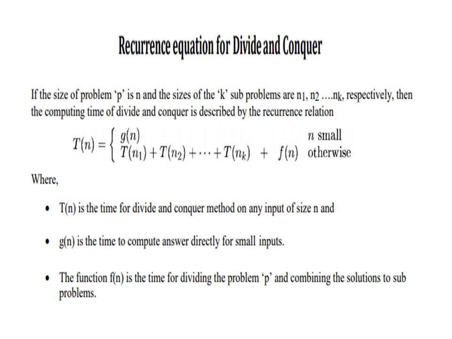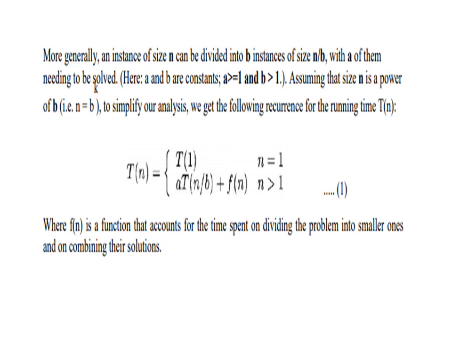Now, the recurrence relation can be formed as shown in the next slide. So we can see that here T of n is equal to a into T of n by b plus f of n if n is greater than 1.